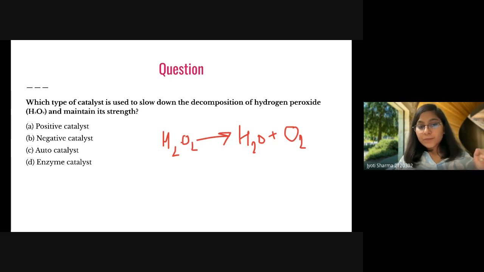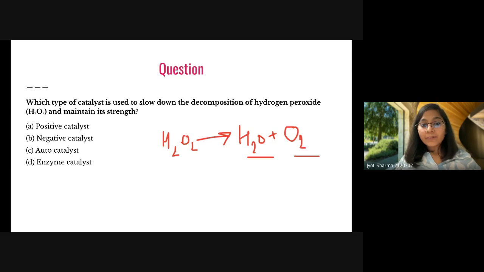Okay, let me tell you, if we are talking about the positive catalyst, then the work of the positive catalyst is to increase the reaction rate. So if we have H2O2, and we have some catalyst that is the positive catalyst, then this positive catalyst will increase the rate of reaction to change it into H2O plus O2.